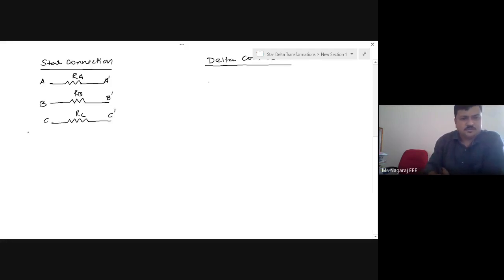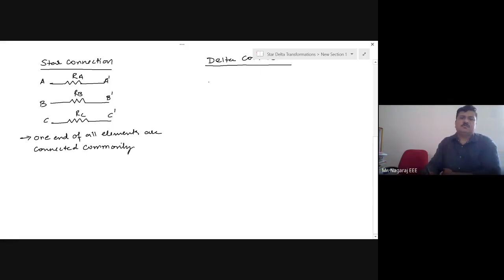So how do we get a star connection: one end of all elements is connected commonly.